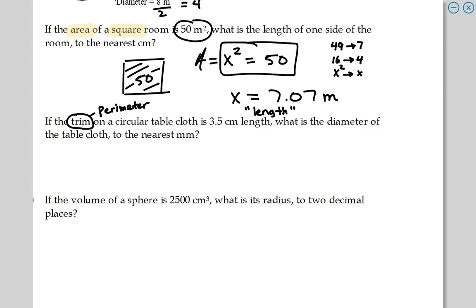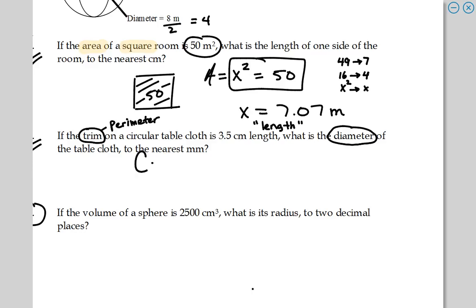So, because they want us to calculate the diameter, you can use the C equals pi d. Normally I would use 2 pi r, but because they want us to go straight to diameter, here it is, pi d. Where do I put the 3.5 centimeters that they've given us? It's the trim. So I replace which variable? Good. 3.5 equals pi d.